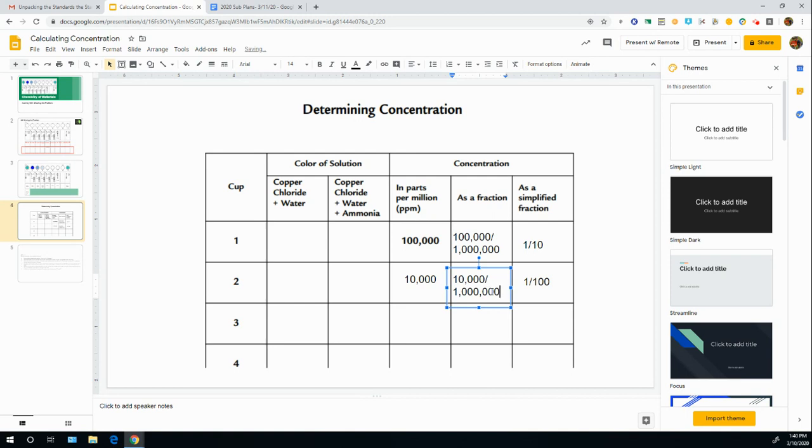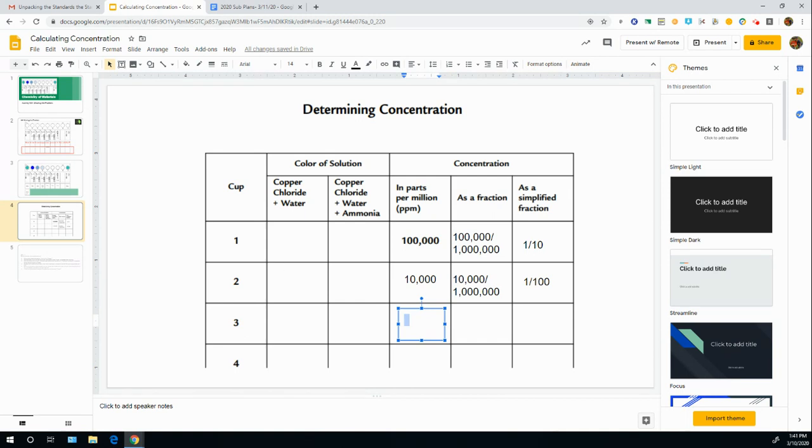Again, if we work this backwards and we reduce the 0 with this 0 and this 0 with this 0, we would end up with the simplified fraction of 1/100th. In other words, the concentration in cup 2 is 1/100th of the original concentration. Okay, we could continue on.